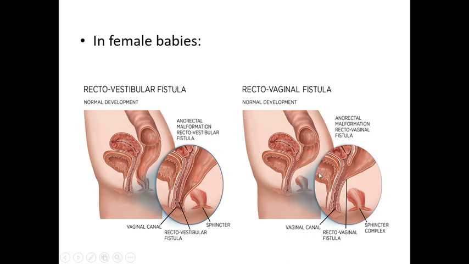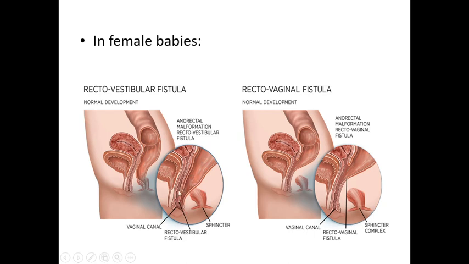This is confusing. Look at this picture. Here you can see, this is the uterus, this is the vagina. Now this is the anal sphincter, right? So instead of opening into this anal sphincter, where does the anal canal open into?